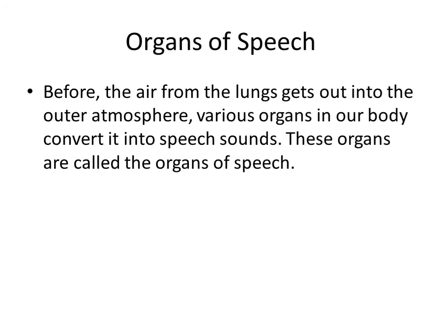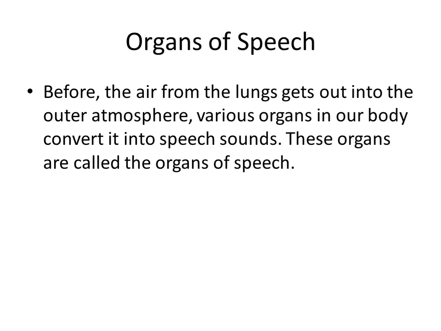Then we have to keep in mind the organs of speech. What is meant by organs of speech? Before the air from the lungs gets out into the outer atmosphere, various organs in our body convert it into speech sounds. These organs are called the organs of speech.